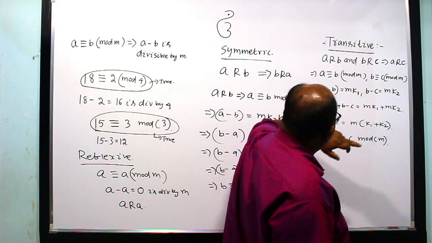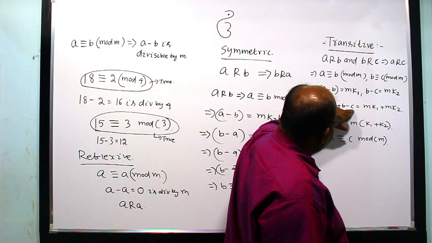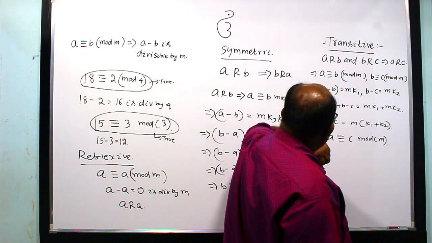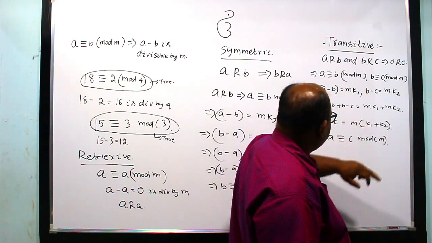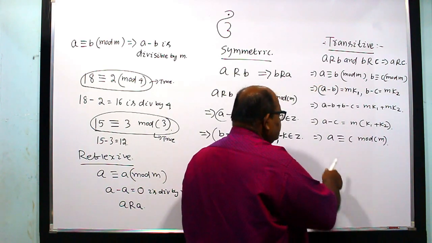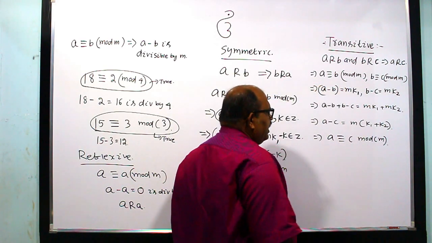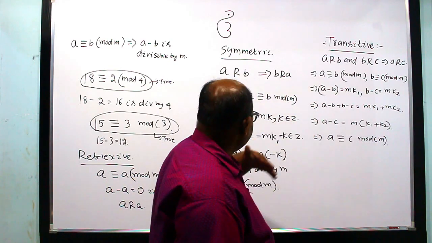If we add both, A minus B plus B minus C is equal to MK1 plus MK2, minus B and plus B cancel. This implies A minus C is equal to M into K1 plus K2, so A congruent to C mod M. So clearly it is transitive.